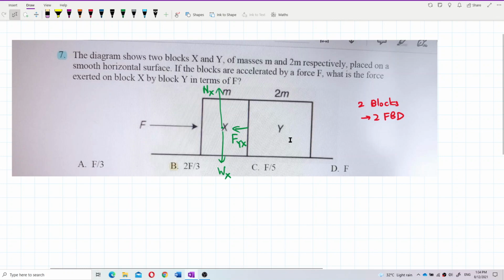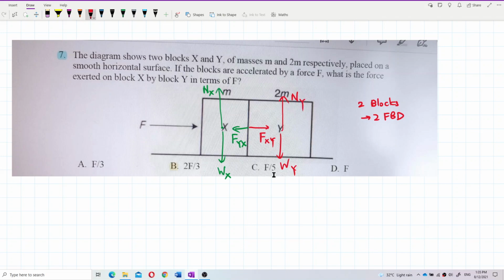How about block Y? Block X is pushing on Y. The big force pushes on X, and then X pushes on Y. So here we have Fxy, that means X pushing on Y. And then we also have the weight of Y, and the normal force from the surface.